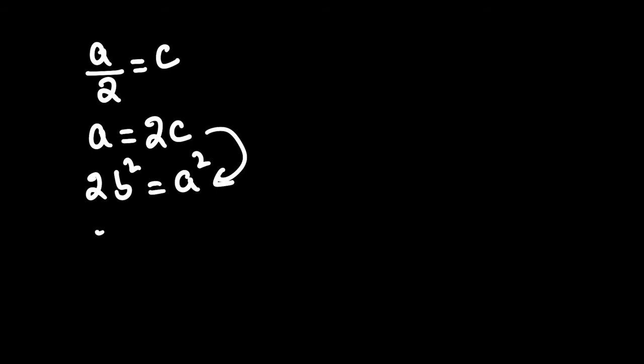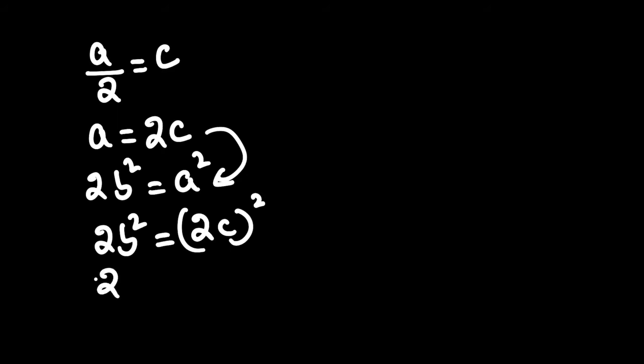So we get 2b squared is equal to 2c the whole squared, which is going to be 2b squared equal to 4c squared.